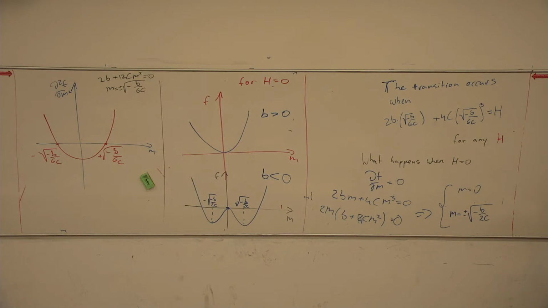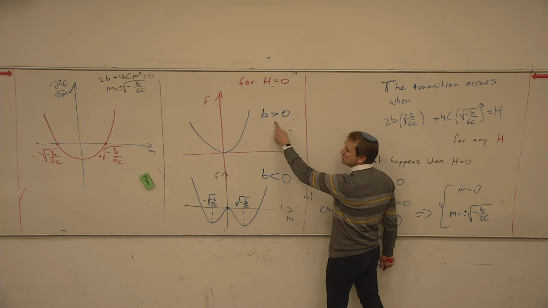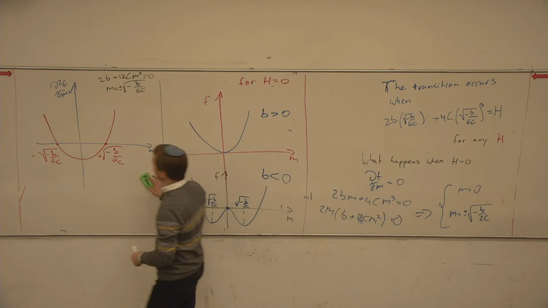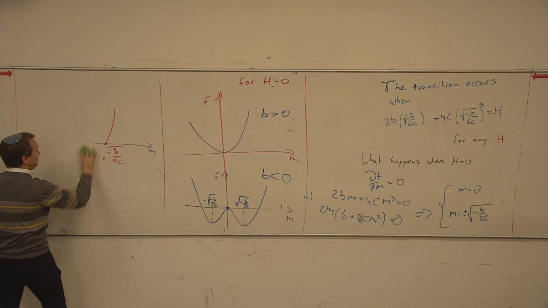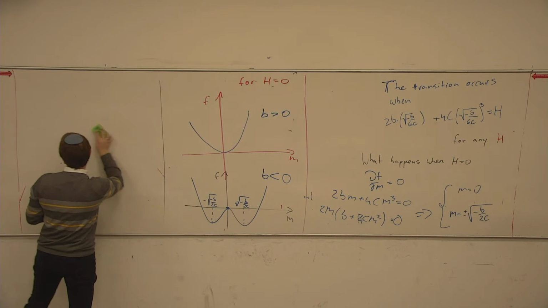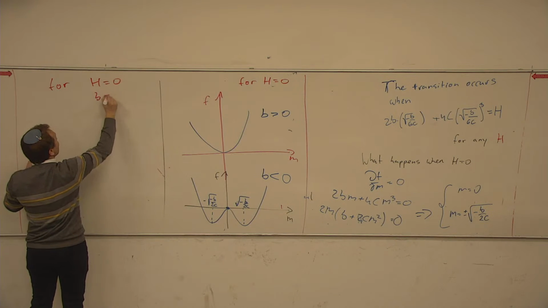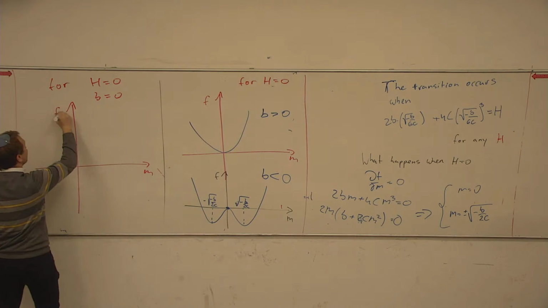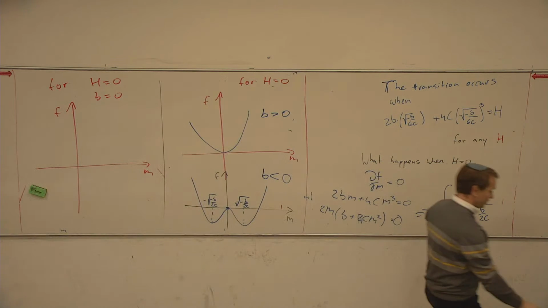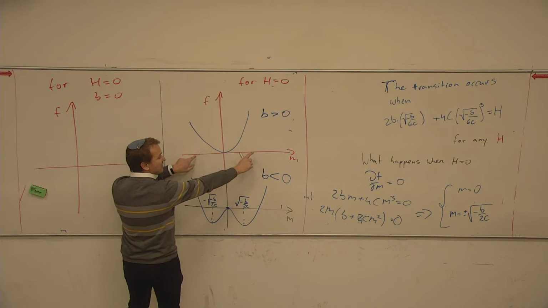Nothing else happens. So all the transitions that we now know are occurring where? They are occurring exactly at this point, when b equals 0. What happens when b equals 0? This parabola is becoming very, very broad.